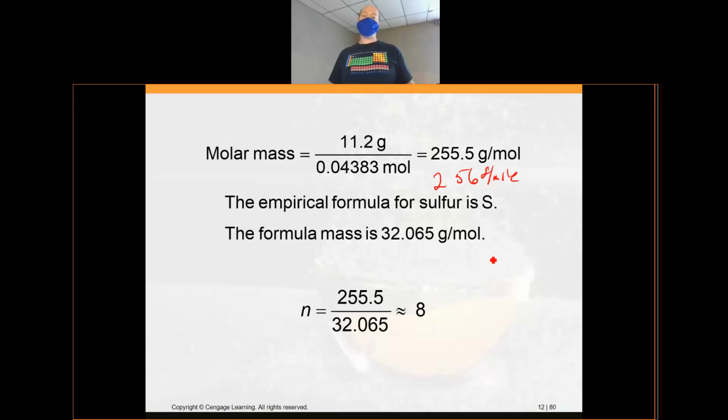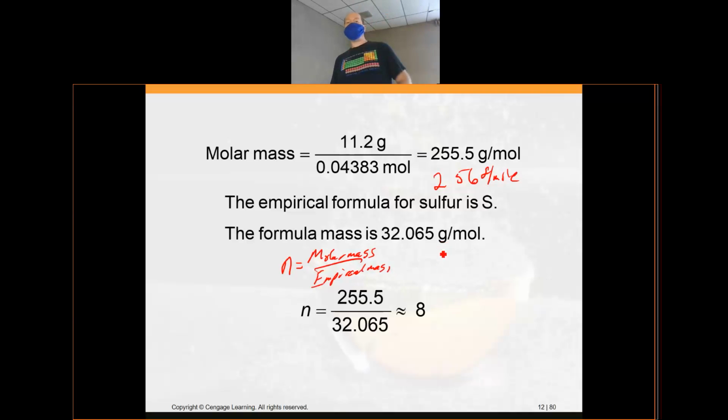they said, what is the formula for sulfur? Okay, so this goes back to empirical versus molecular formula. So you take your n, which is going to be an integer, and remember, you take your molar mass divided by the empirical mass, and that's going to give you an integer.